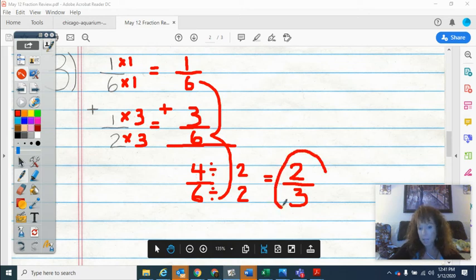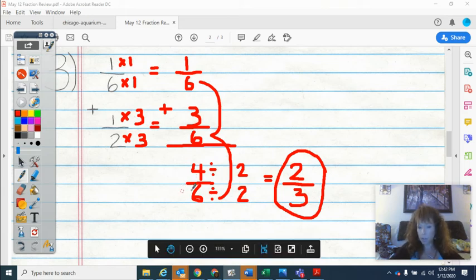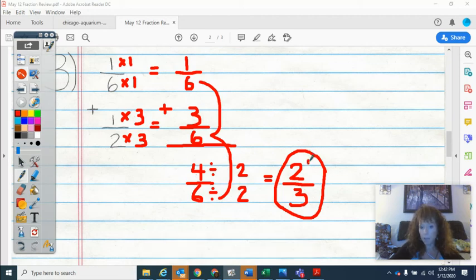It's the best answer. 4/6 is not wrong, but again, if this was an assessment that had answer choices, you won't see this answer choice. You would see 2/3, and you would need to know that 4/6 is equivalent to 2/3. This is the best answer because it is in simplest form.